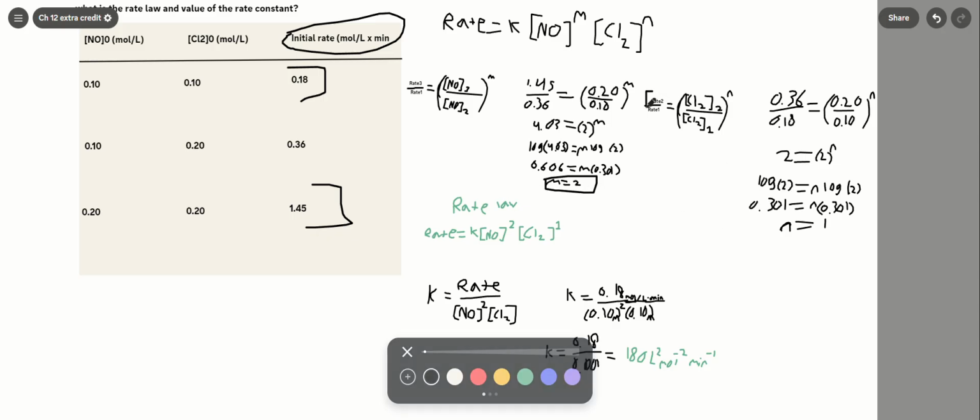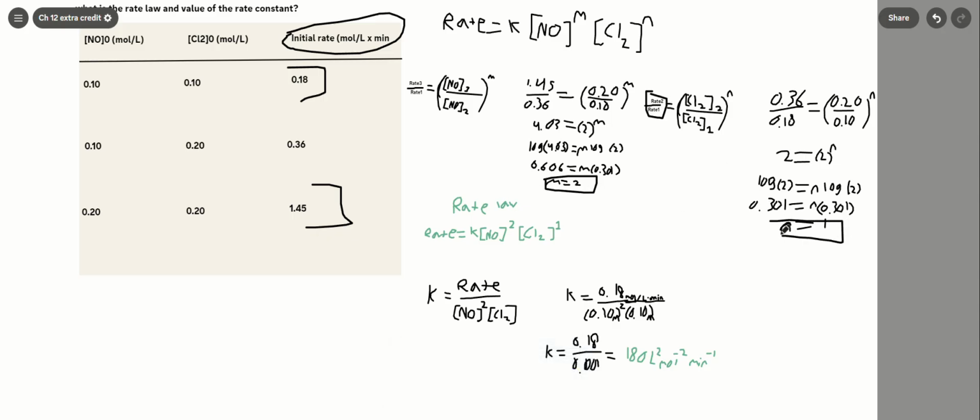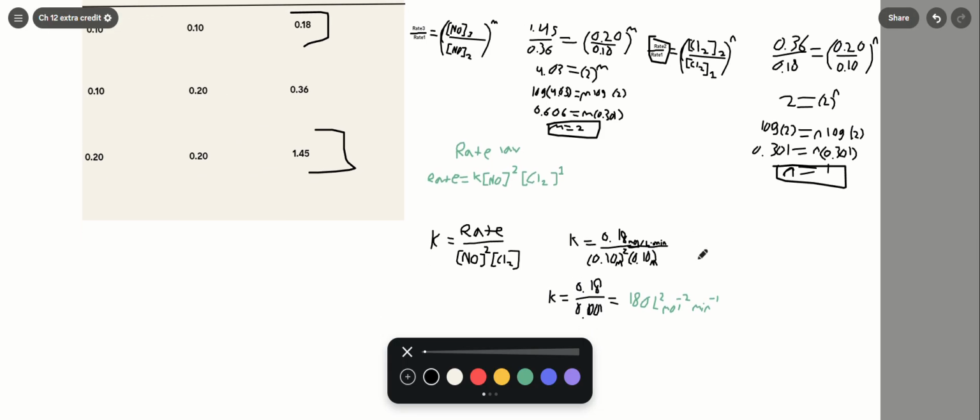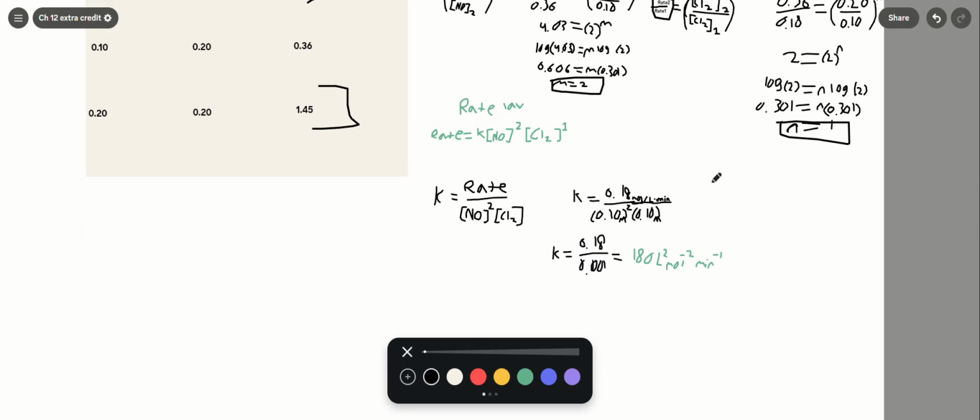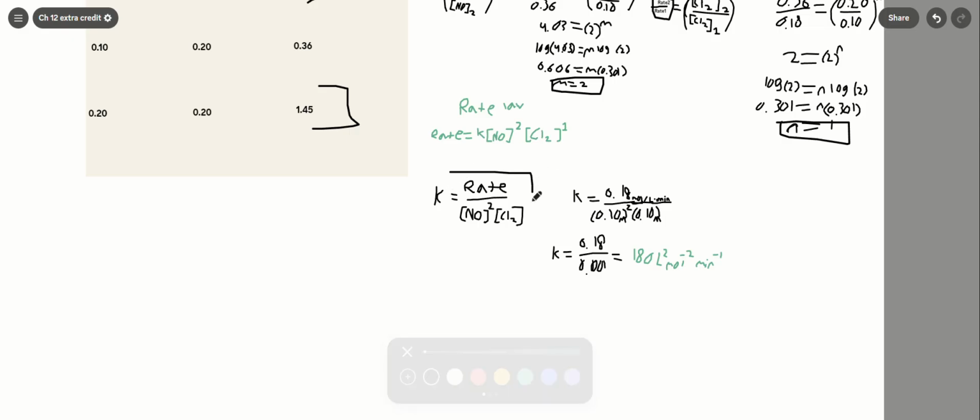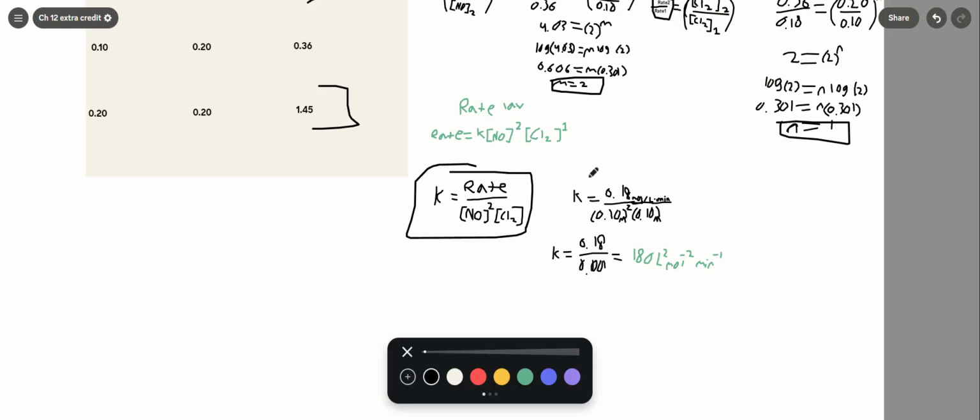And you can do the same thing with rate 2 and rate 1 and solve for N. With that you can use this formula, because you would plug M and N in as the exponents, and since N is 1, it's just 1. You don't really have to put anything there.